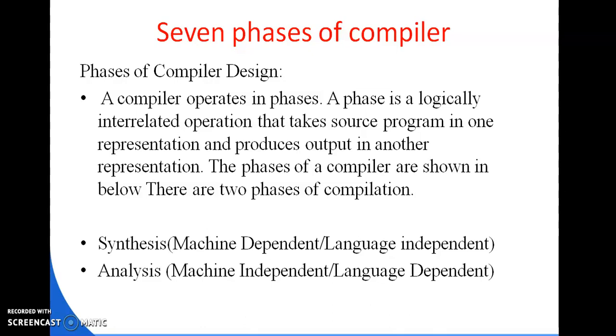So, next, what are the 7 phases of compiler? A compiler is composed of several components, also called phases, each performing one specific task. Each of these components operates at a slightly higher language level than the previous, and the intermediate output in a multi-stage compiler is usually called pseudocode.